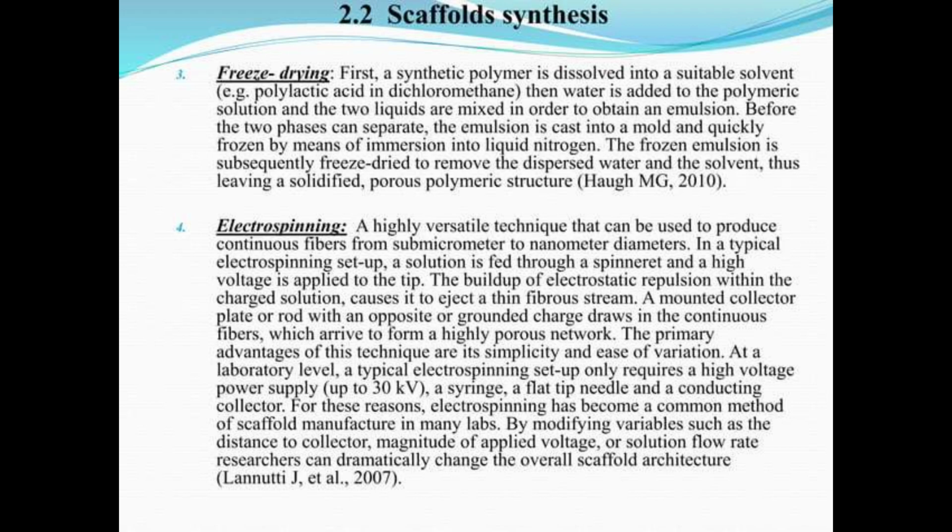This fibrous material is molded into the perfect shape with the help of voltage. A power supply of 30 kilovolts is used. Using a syringe, it is injected from the tip of the needle and converted to the particular shape of the scaffold.